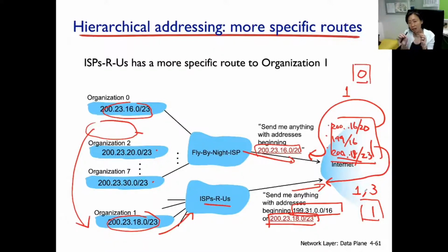We're actually not just doing prefix matching. We are doing what? Longest prefix match. So which one is the longer prefix? 20 versus 23. So a packet carrying destination for organization 1's machine is going to come down this way here and eventually reach organization 1. So we're okay, right?